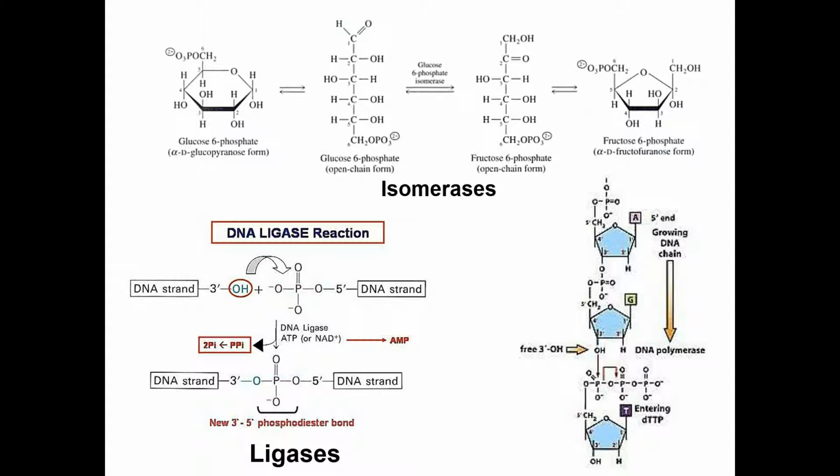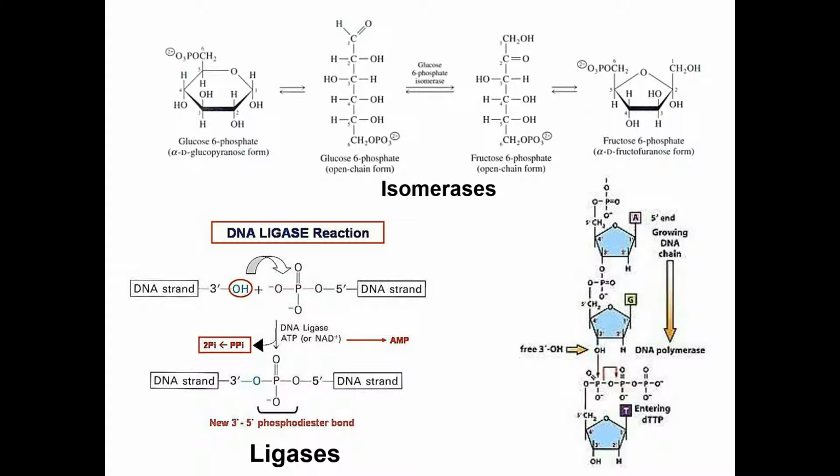Your isomerases are going to take one form of a molecule and convert it into another isomeric form of the molecule. Here you take the alpha D-glucopyranose form of glucose 6-phosphate. It's a fancy way of saying that this molecule is in a ring structure; pyranose tells you it's a ring structure.